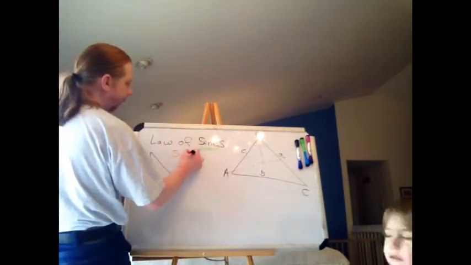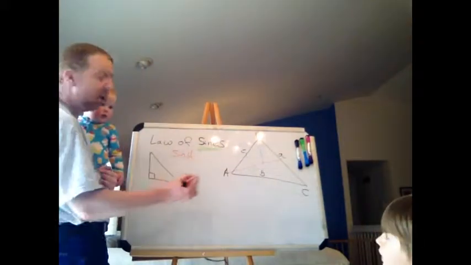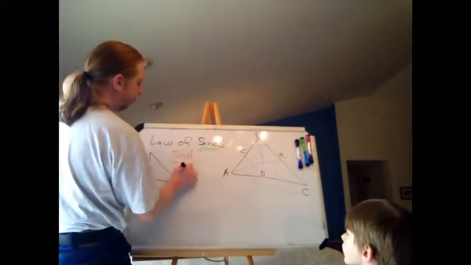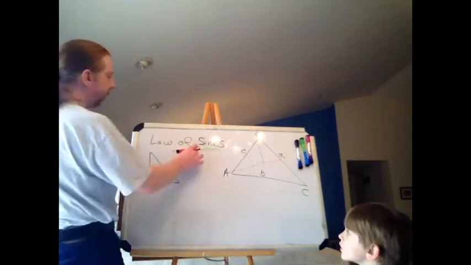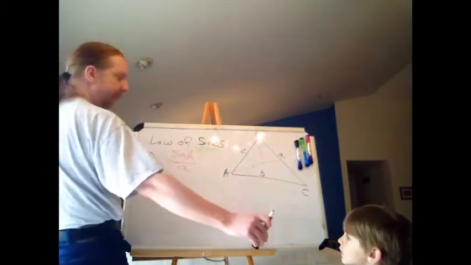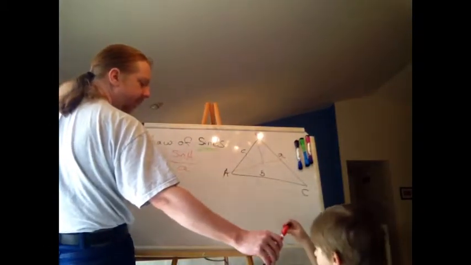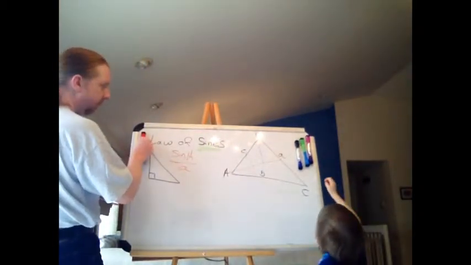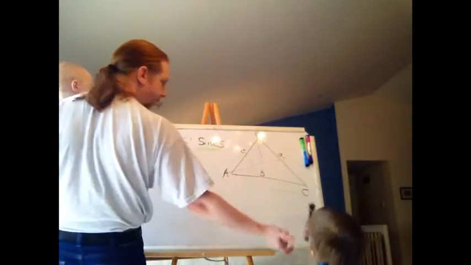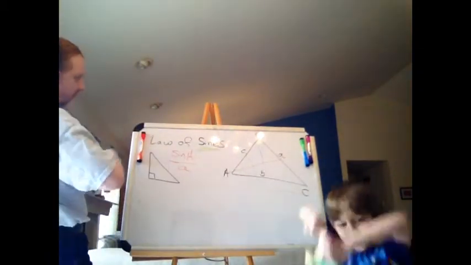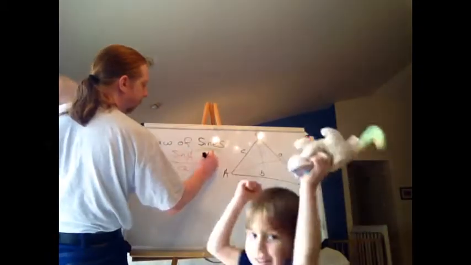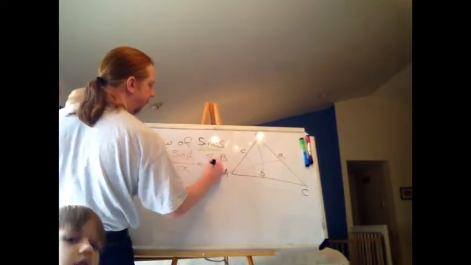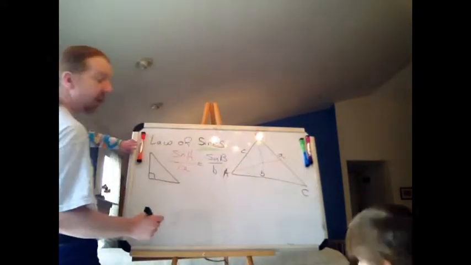It says the sine of the angle over the corresponding side. So sine of big A over little a. Can you cap that? Thank you. Can you grab me a line marker? Sweet. Thank you. Is equal to the sine of another angle over its corresponding side.